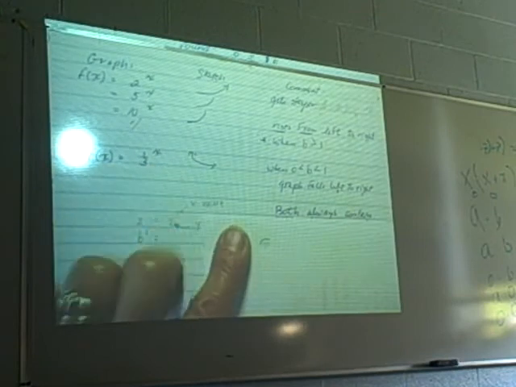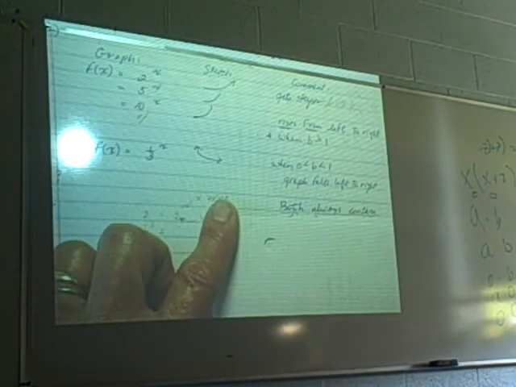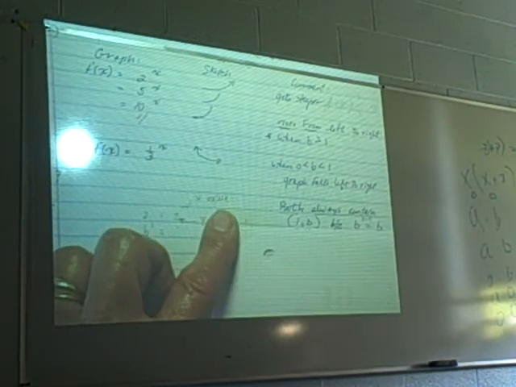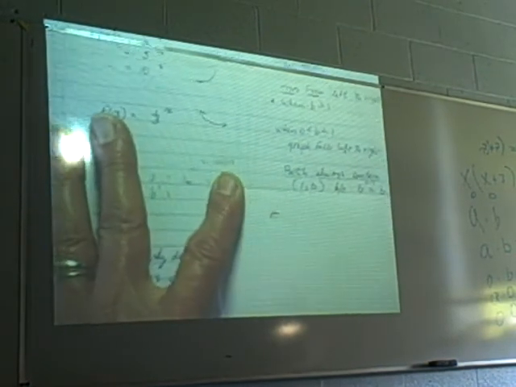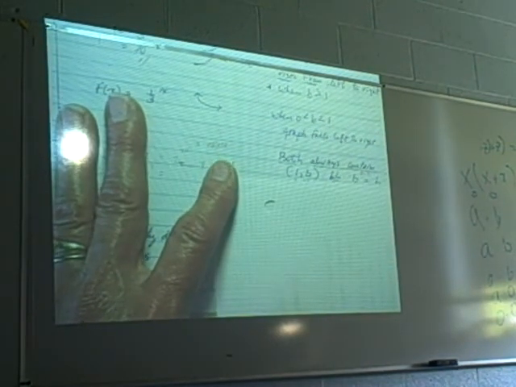Both of them always contain what number? 1. All of them contain 1 to the b, whatever that b value is.